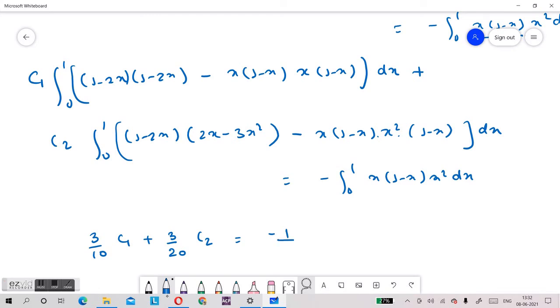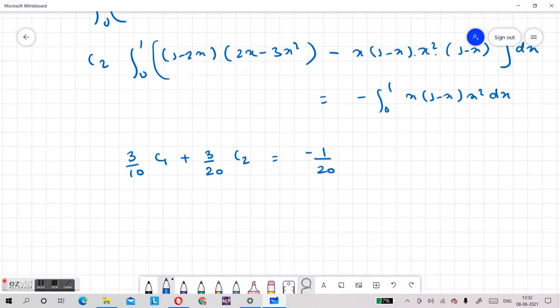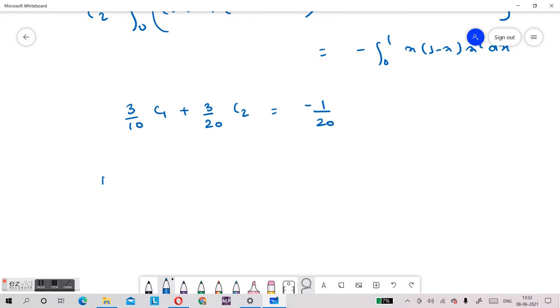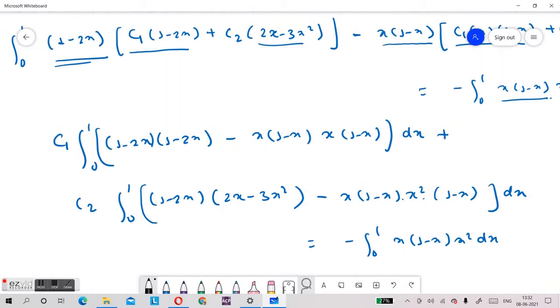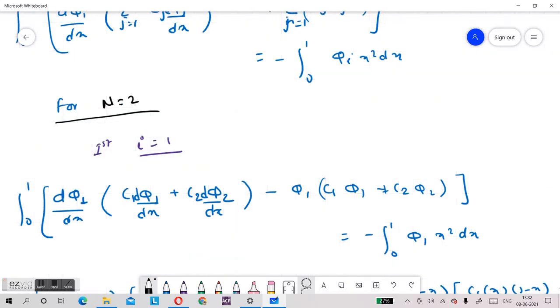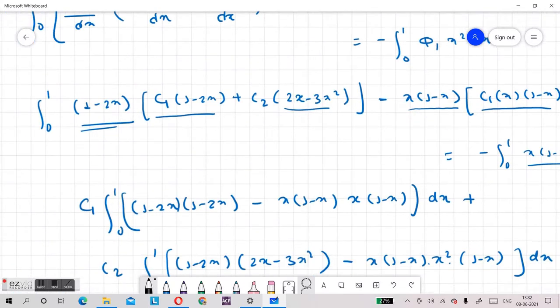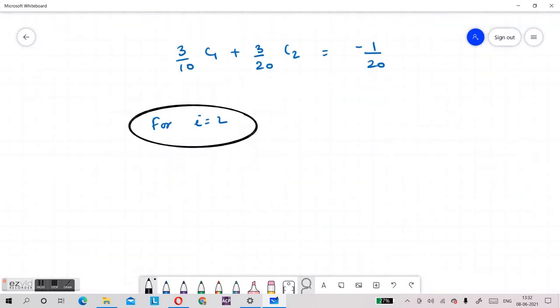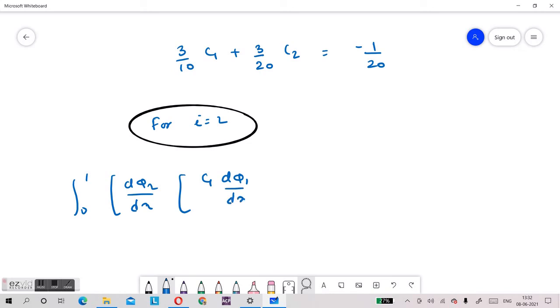Similarly, we solve it now for i equals 2. So we put i equals 2 here. It will become integral 0 to 1 of d phi 2 over dx, times c1 d phi 1 over dx plus c2 d phi 2 over dx. This whole term will not change, because it is a term with j. We solved it for i equals 1, now we are solving for i equals 2.